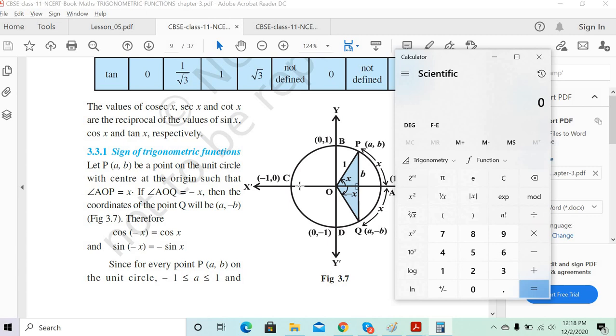Here 150 will come in the first quadrant only. 7 pi to 8 pi is the first quadrant. But it's not 8 pi, it's 150 degrees, so 150 will come in this angle, in the first quadrant only. Absolutely correct.